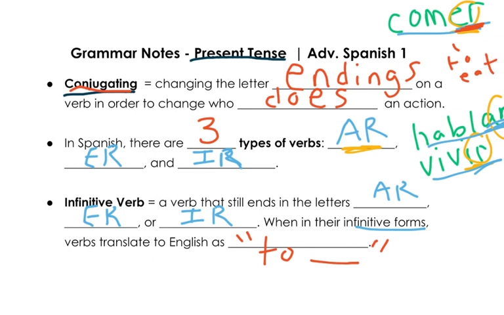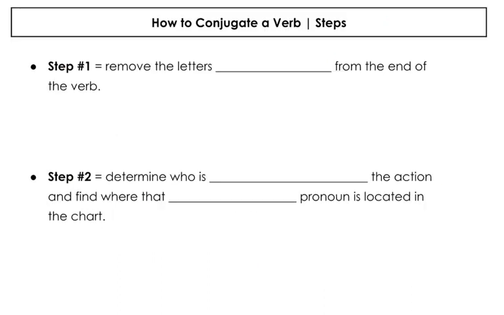Same thing with hablar, to talk or to speak. Vivir, to live. So if it ever still ends in the AR, ER, or IR, it's in the infinitive form, and it translates to English as to whatever the action is. Okay, now I'm actually going to teach you the steps to conjugate.